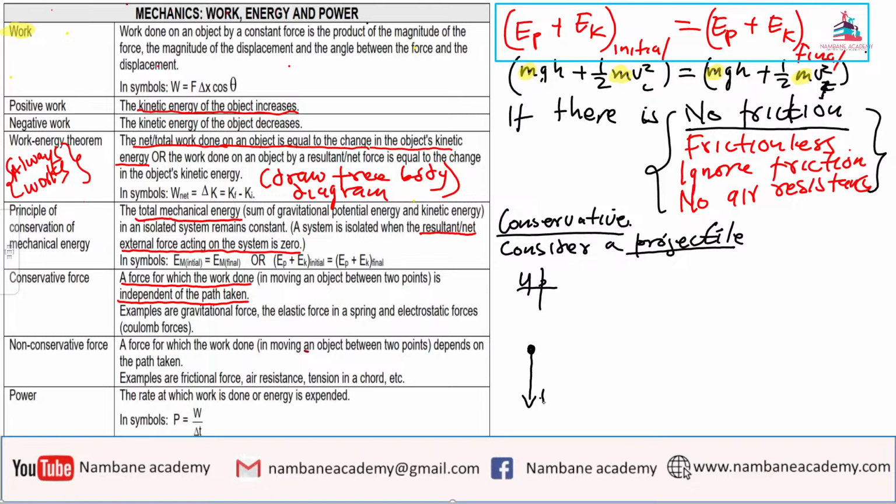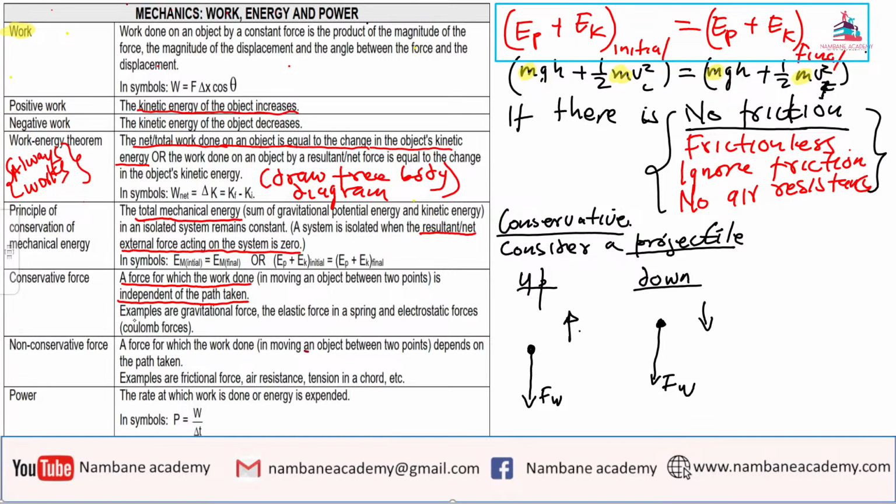It's always downwards. When it is thrown down, what is the direction of the weight? It is always downwards. So regardless of whether the object is moving up or moving down, the direction of g does not change.